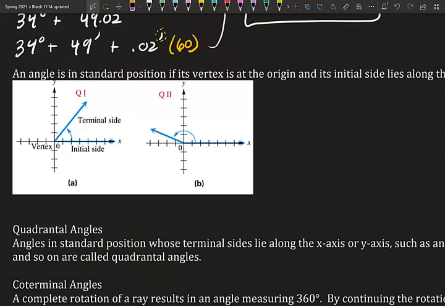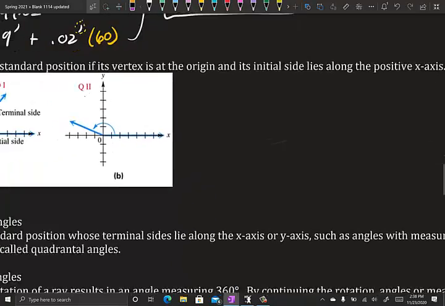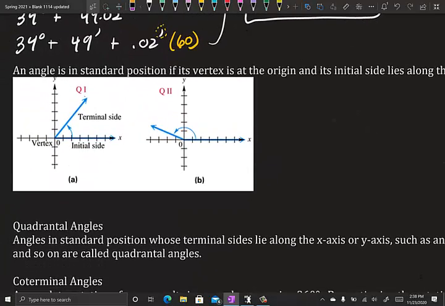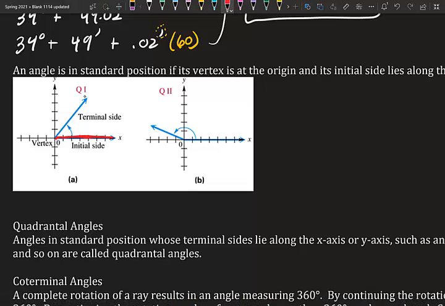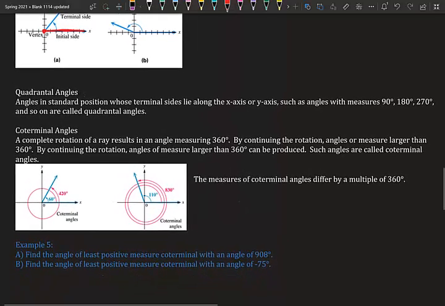Alrighty. An angle is in standard position if its vertex is at the origin and its initial side lies along the positive x-axis. So this is called standard position, where your initial side is on that x-axis, coming from the origin, and your terminal side is what's moving. Quadrantal angles are angles in standard position whose terminal side lies along the x-axis or y-axis, such as angles with measures 90, 180, 270, and so on.